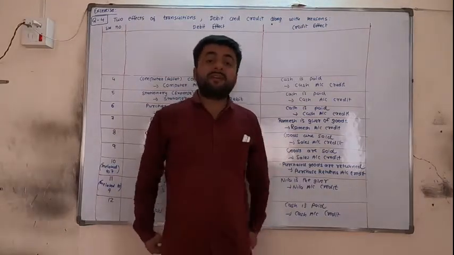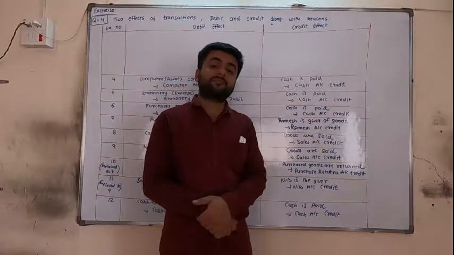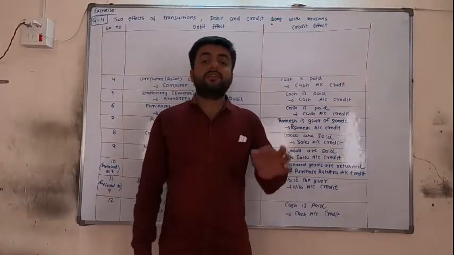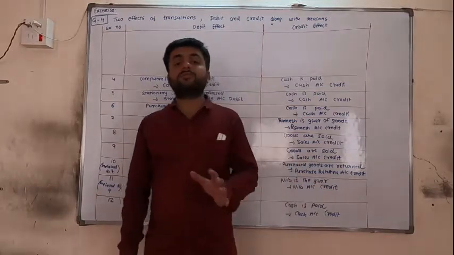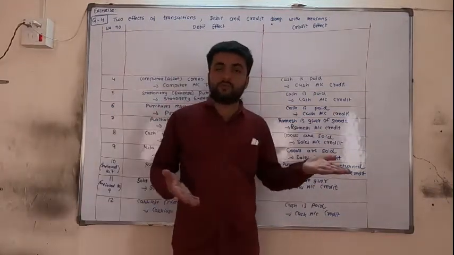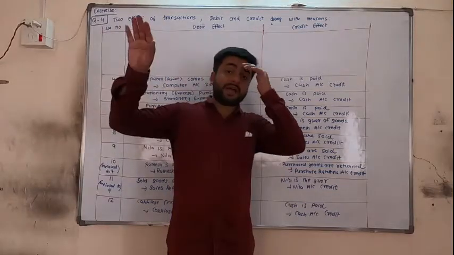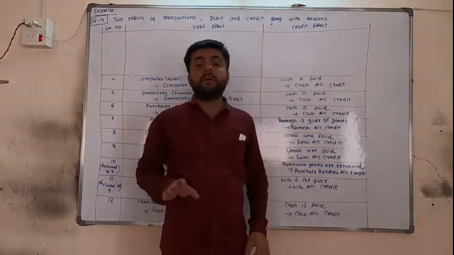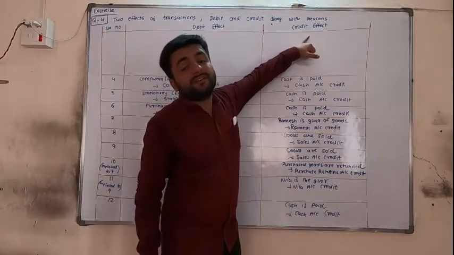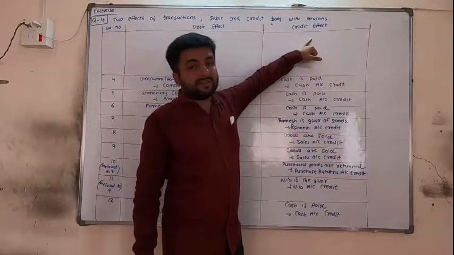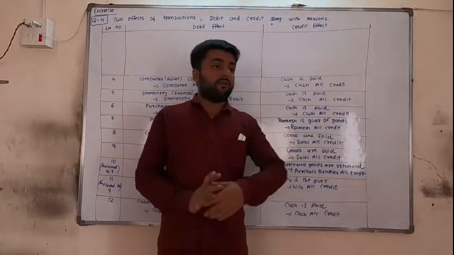Now friends, remember one thing, I will give it as a note also after completing this sum. Whenever the goods are moving out, that is outward of goods, all these types, goods gone by theft, by fire, by rain, by charity, by advertisement, by free samples, always purchase account is to be credited for that. Why purchase account? The reason is simple. We have purchased those goods.